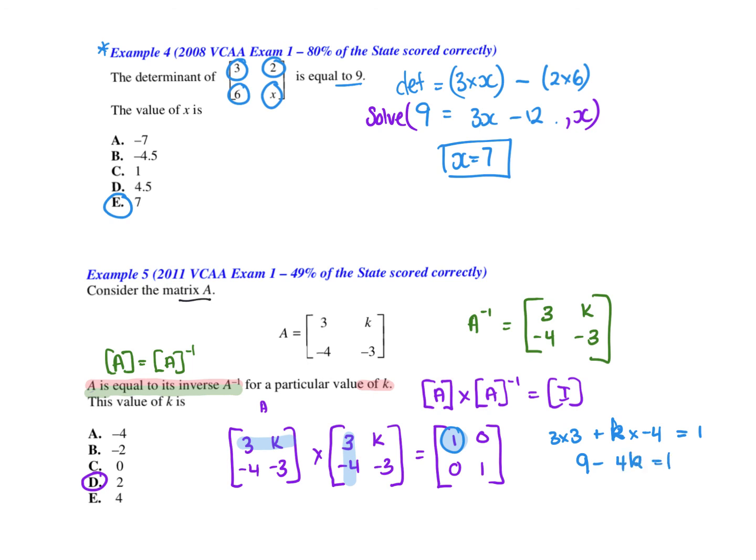If you're not very good, you can just go to solve on the calculator, that's fine to work it out. Or you'll see that k ends up being -8 divided by -4, so k equals 2. So we find out that k equals 2, and there's the answer.